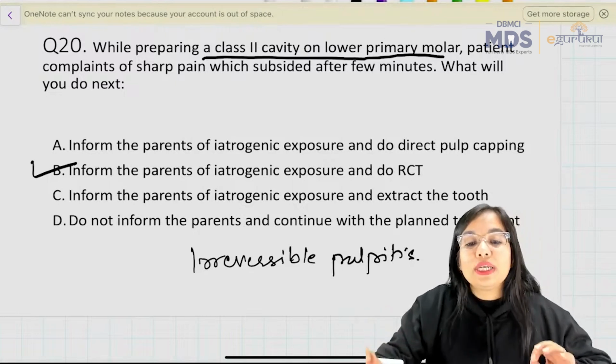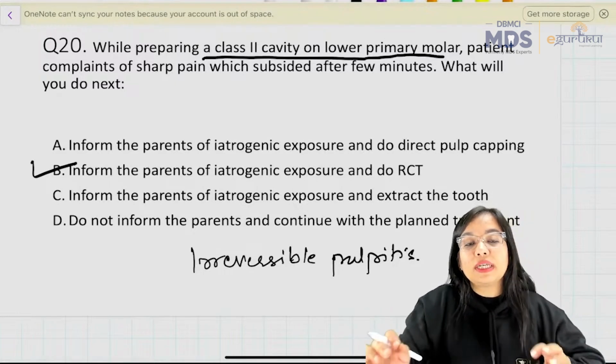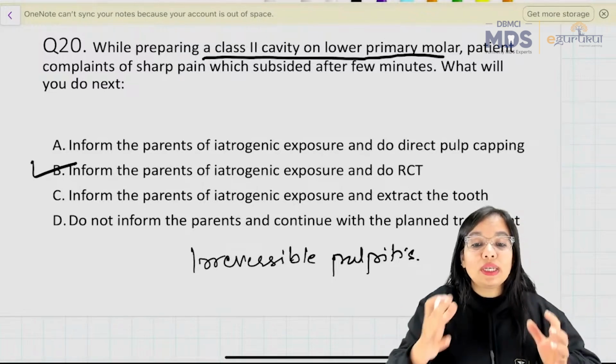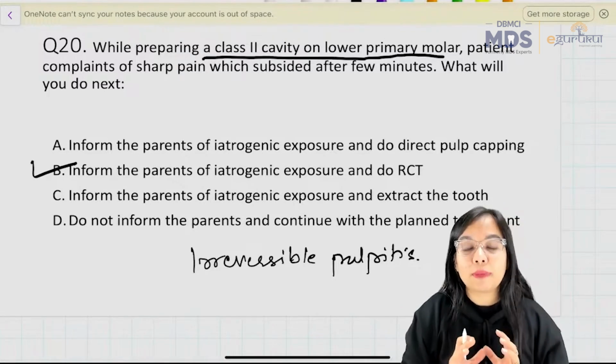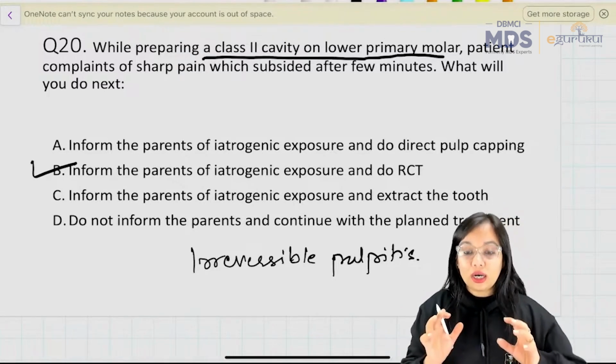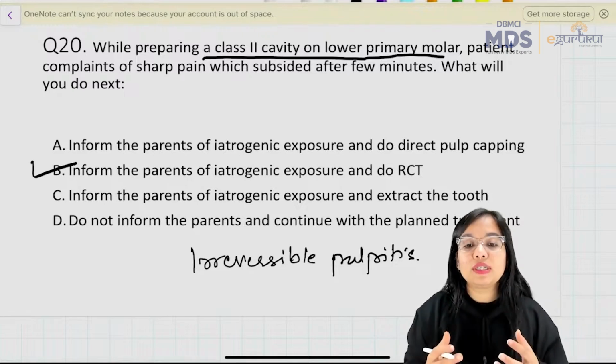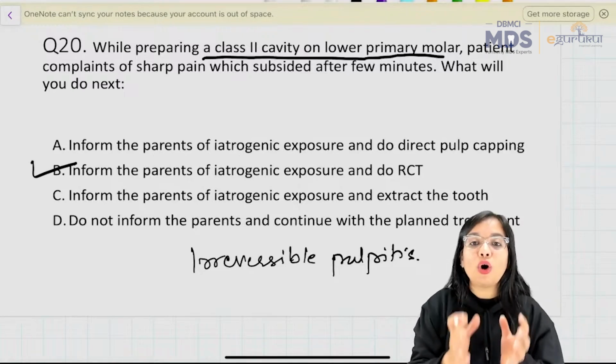Alright, so the question does not mention whether it is iatrogenic exposure or just a pain while drilling. So in either case, if there is irreversible pulpitis, we will have to do some sort of an invasive procedure, that is either pulpotomy or pulpectomy.